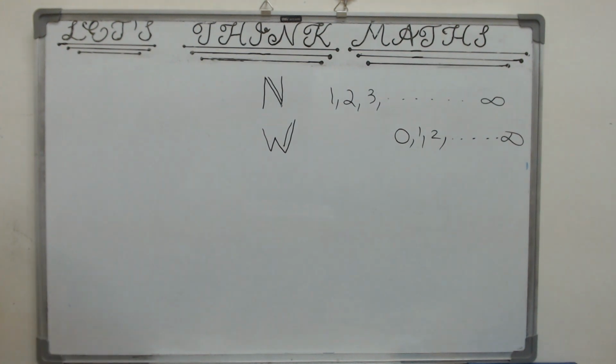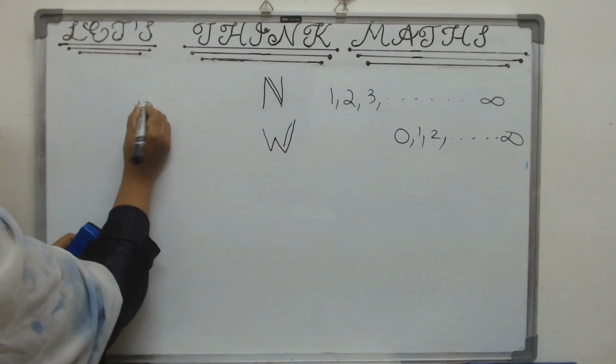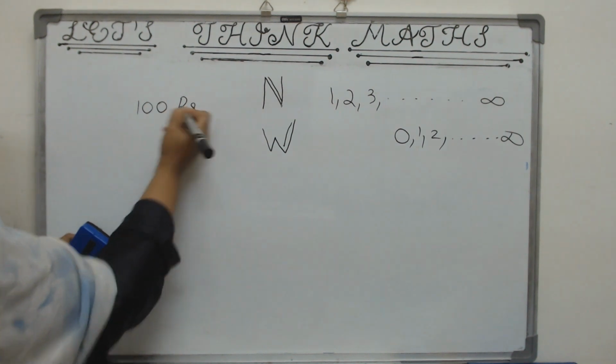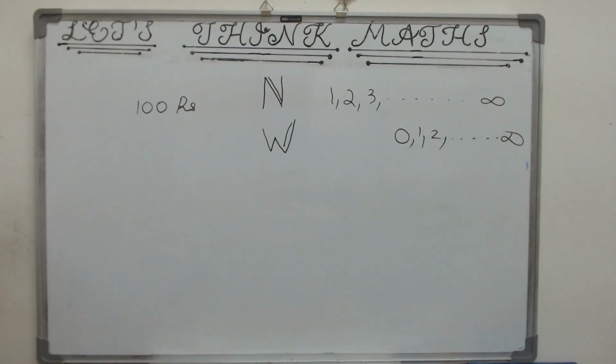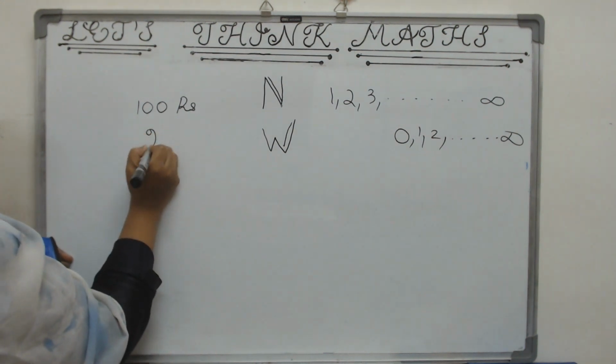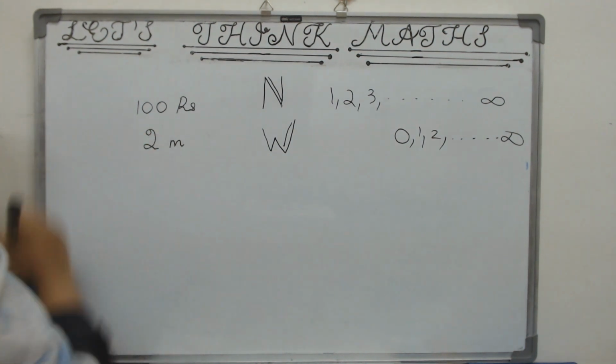Suppose I am running a business and I make a profit of 100 rupees. Then how will I denote mathematically a loss of 100 rupees? Or suppose there is a building on ground above the sea level. Its height is 2 meters.